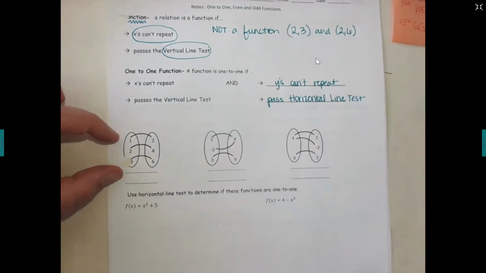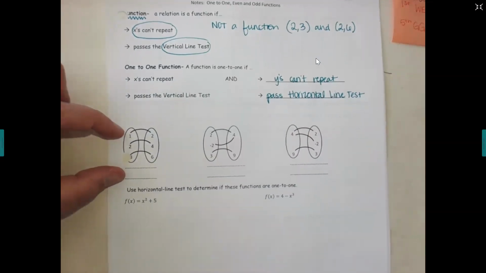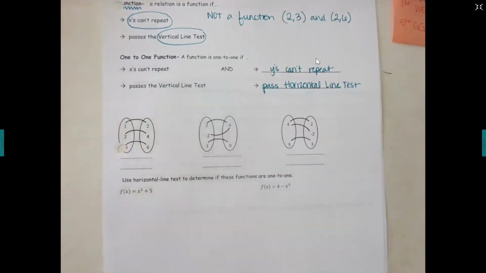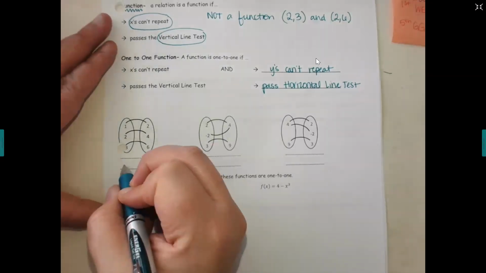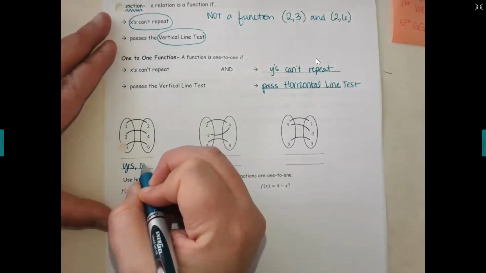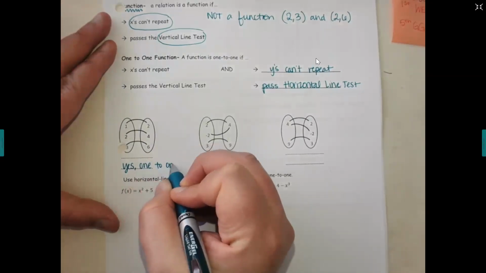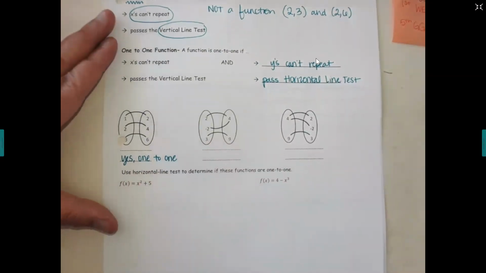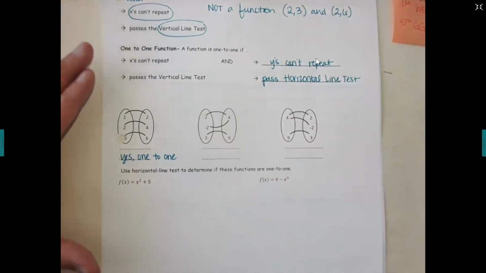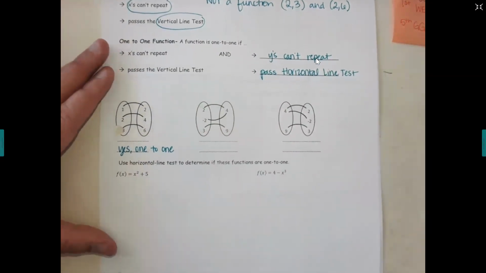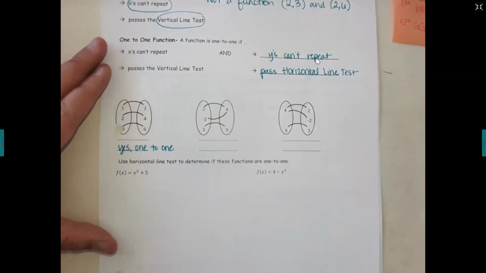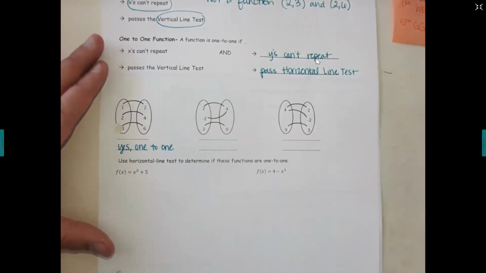So we're going to come back to these, or actually, let's just do them right now. I'm looking for no repeats at all. So 1 goes with 2, 2 goes with 4, 3 goes with 6. Number 1 is 1-to-1, because there are absolutely no repeats, no numbers that go with multiple partners. Versus in the second graph, which number is going with 2 different values?